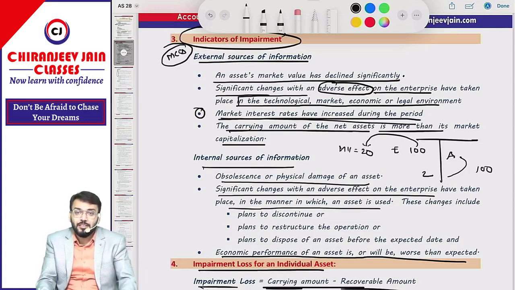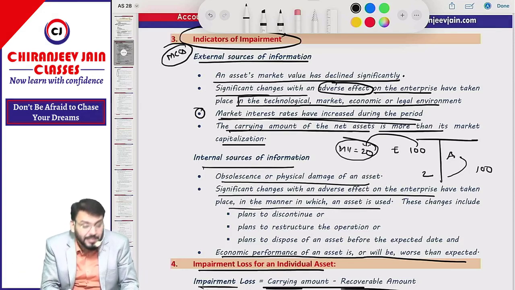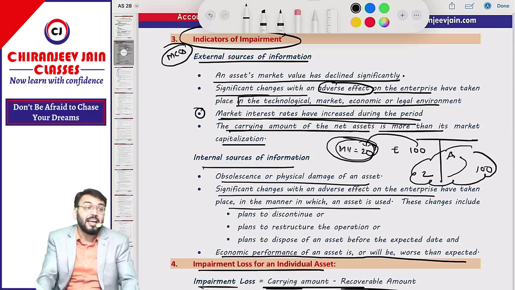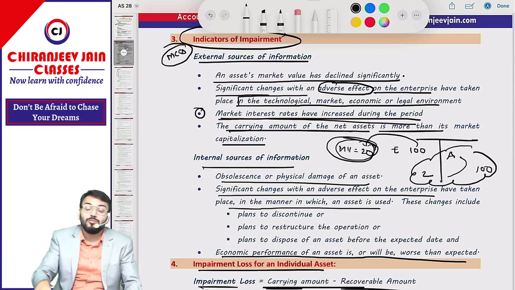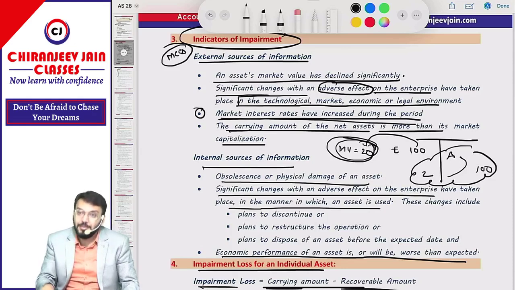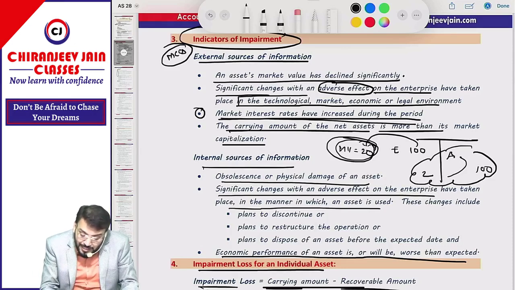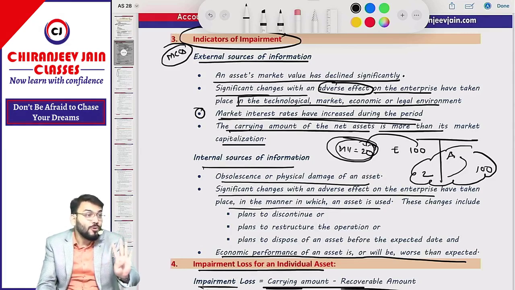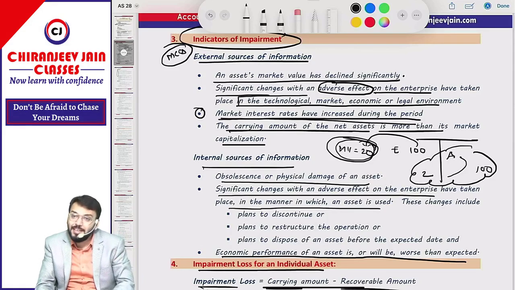This is known as market capitalization. So if market capitalization is less than the book value of net asset, it indicates that assets are overvalued. So it requires what? Impairment. Understood? So the carrying amount of net asset is more than the market capitalization. These are the four external sources of indicators.